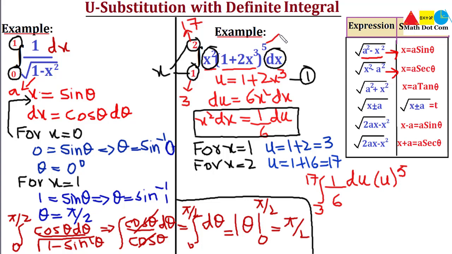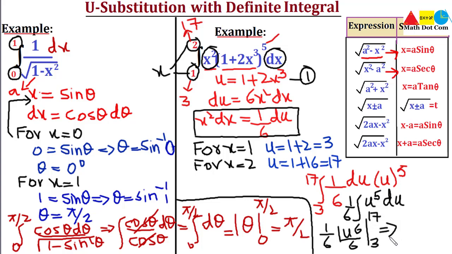So now we can easily solve this integral: take the constant 1 over 6 out, and u power 5 du can be written as 1 divided by 6 times u power 6 divided by 6. As in the case of integrals, we add 1 to the power and divide by the same. The limits are 3 to 17.